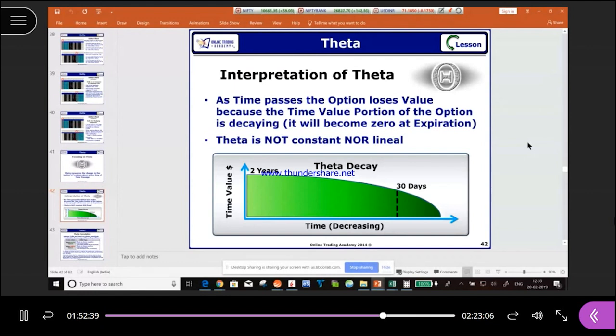Now, theta is not constant, not linear. So, more the time to expiry, more the time value, isn't it? This is time value and this is time. So, if you have more time to expiry, there is more time value. More time value, less theta value.